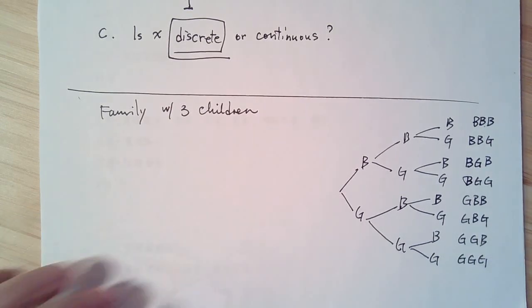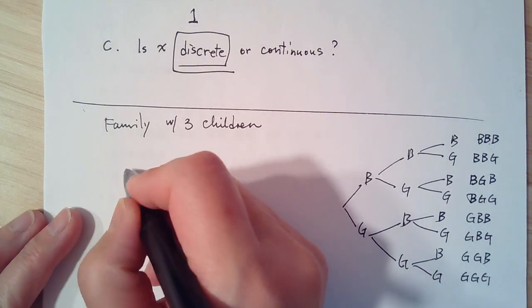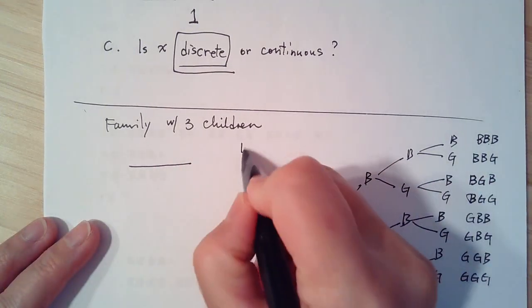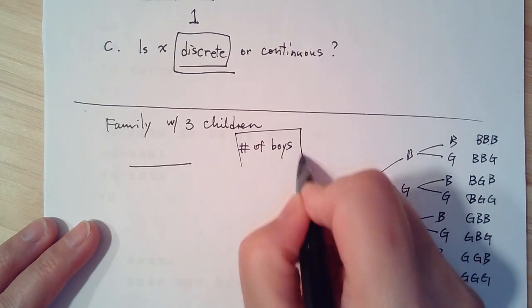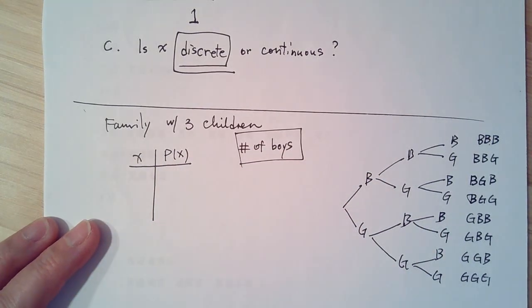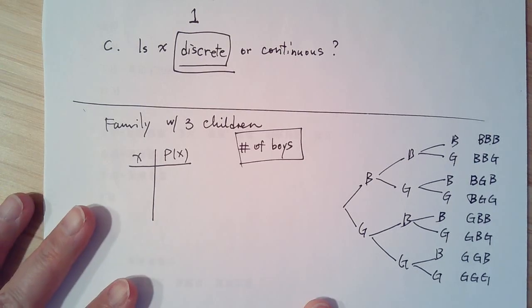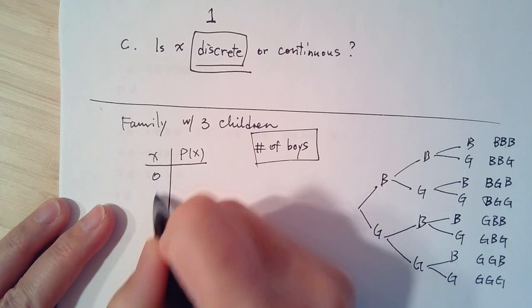Now, what is the probability distribution? The random variable is the number of boys, so x and p of x. For a family with 3 children, how many boys could there be? Could be 0, could be 1, could be 2, could be 3.